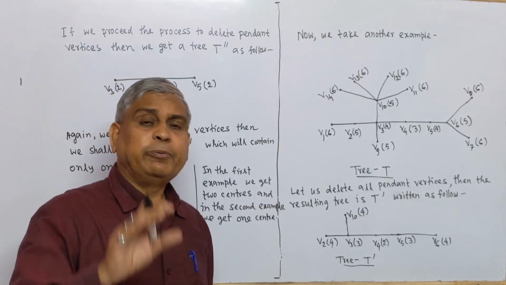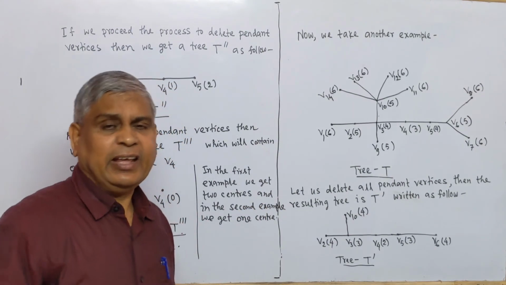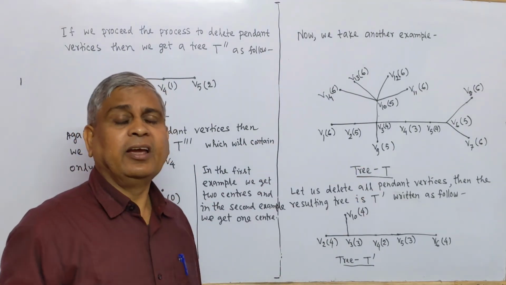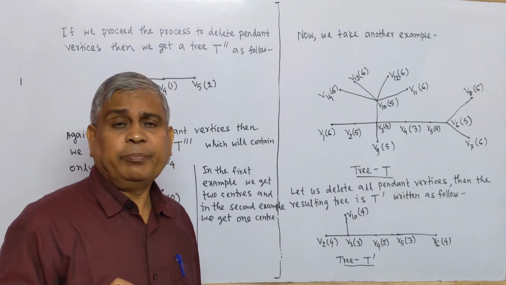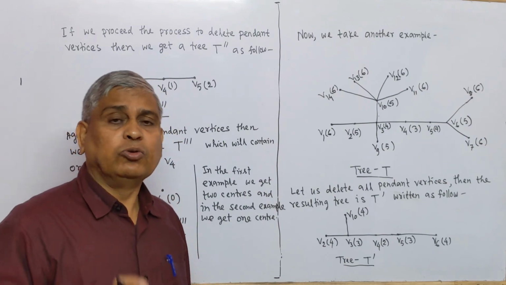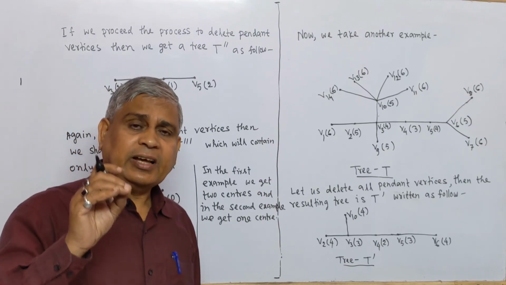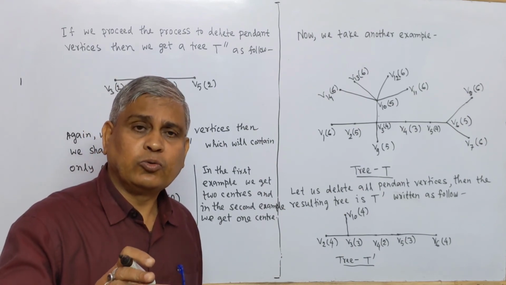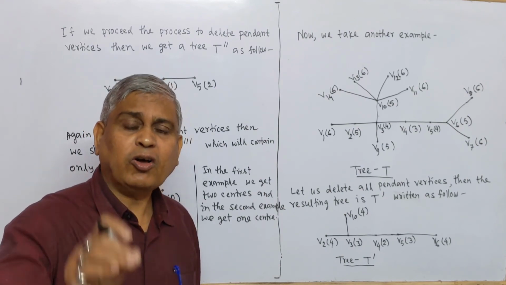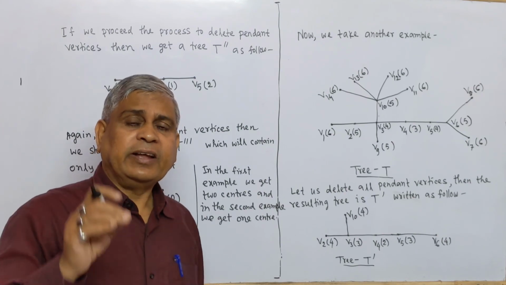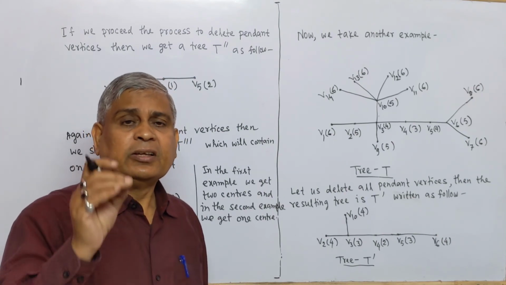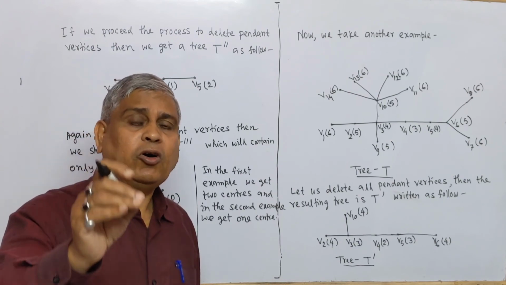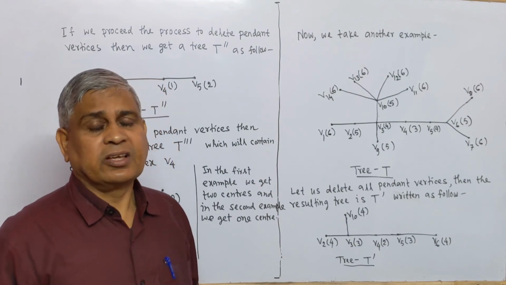Hence, if we take any tree and follow the process of deleting the pendant vertices, we will get that in the last step we get either two vertices or one vertex. That means the tree has one or two centers.